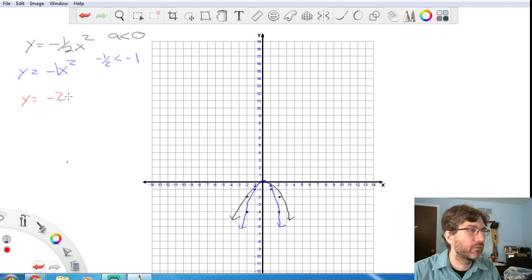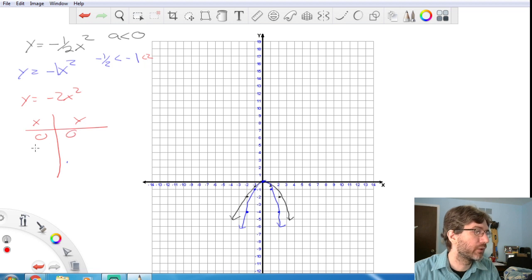Y equals -2x². Here, -2 is also going to be larger in magnitude than that, so it should be even skinnier or steeper as we go in. You should be able to see that right away just by looking at it, comparing the two of them. You should be like, okay, this is the widest, this one's in the middle, and this one here is the steepest.